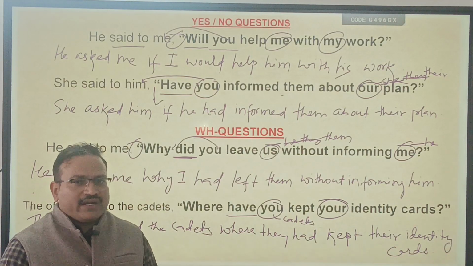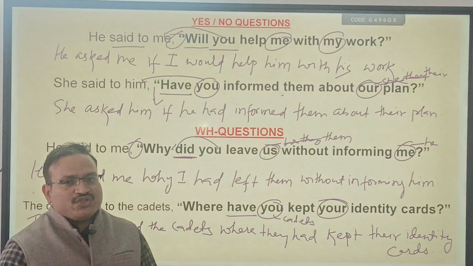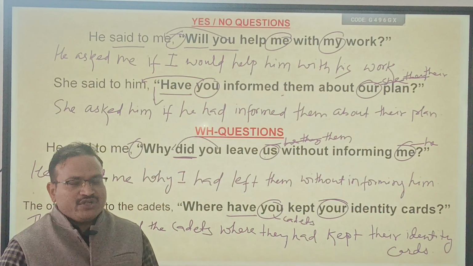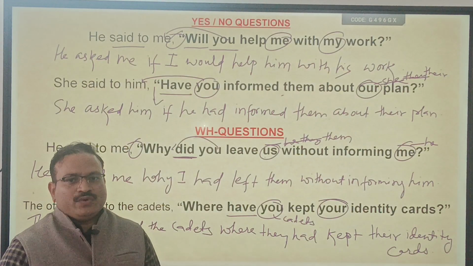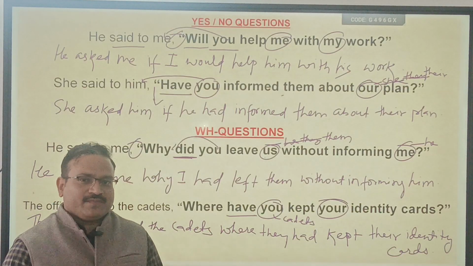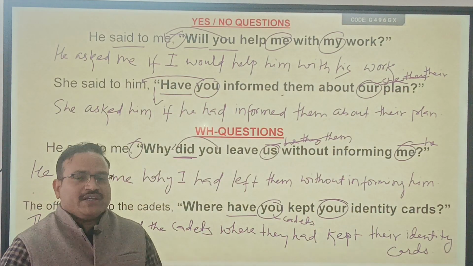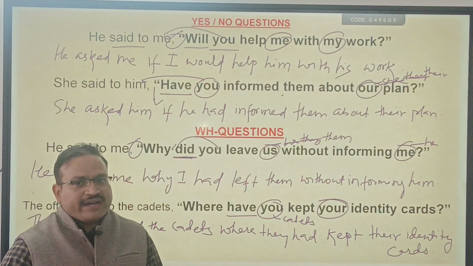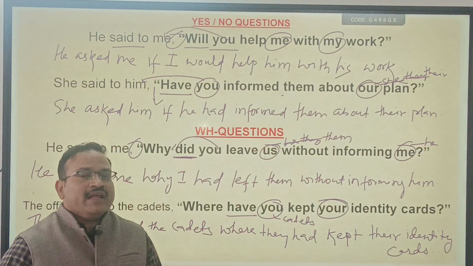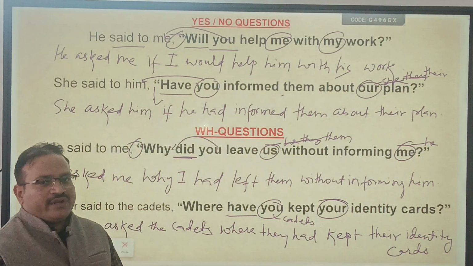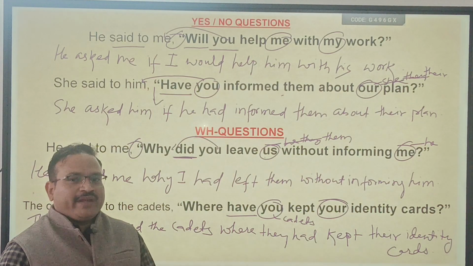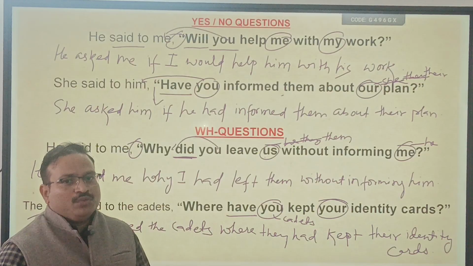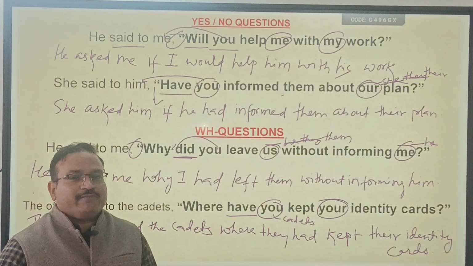I'll come with one more class with more questions just for revision and recapitulation, and then we will conclude the topic. My advice is, please watch the videos carefully. Keep pen and paper, keep writing important points. Then it will be easier for you to understand this topic and do the questions in the exam with 100% accuracy.